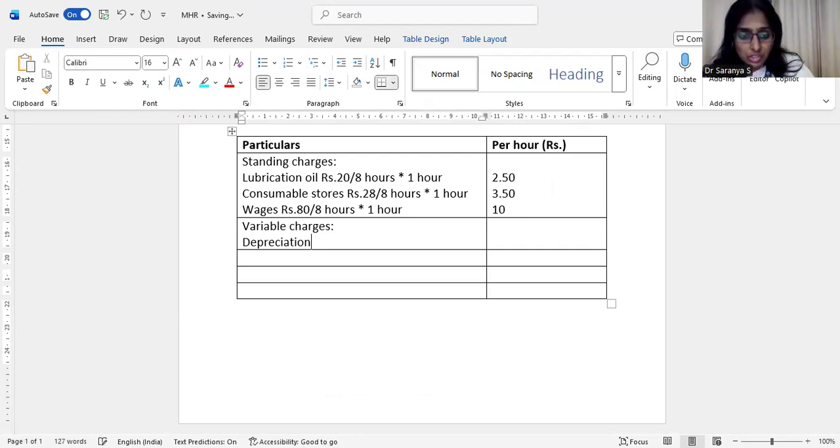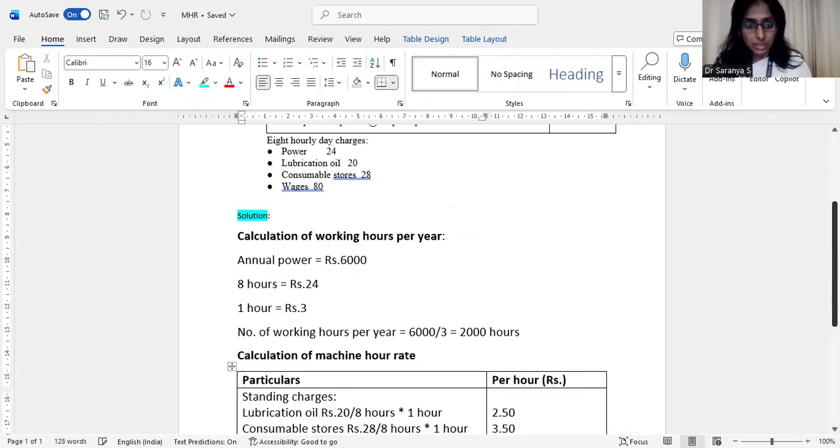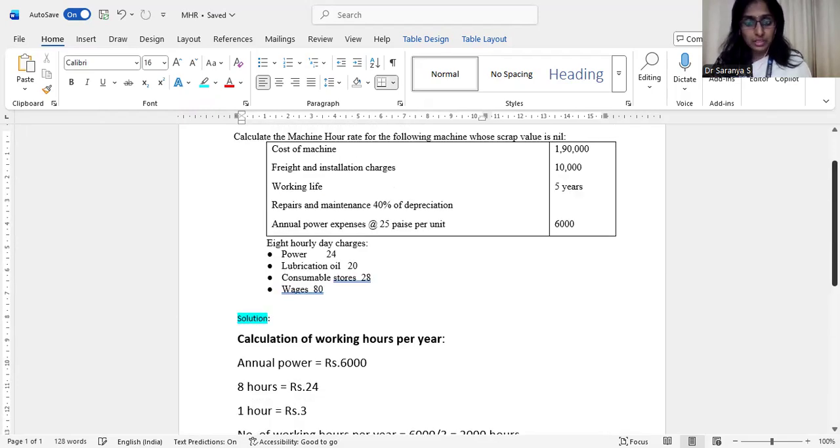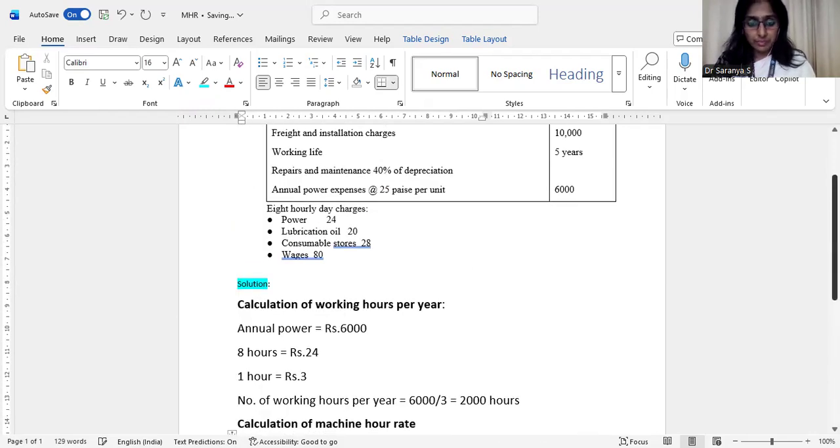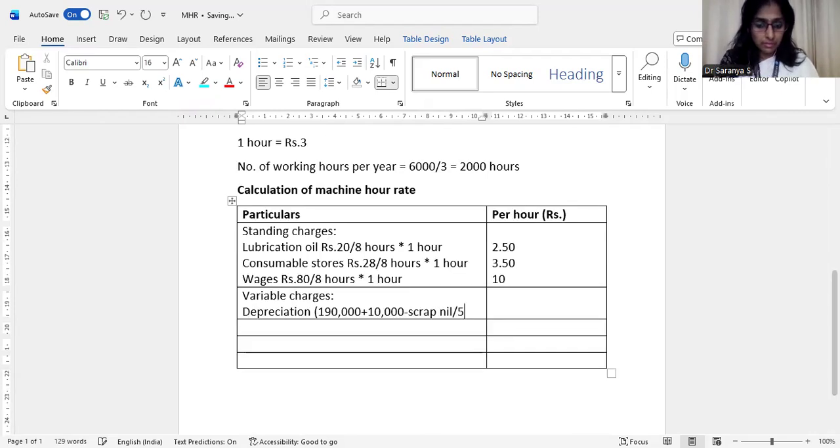Okay, so for depreciation, we will be applying the depreciation formula: cost of the asset plus installation minus scrap value, divided by estimated life. Here the cost of the asset, which means the machinery, is given as 1,90,000 plus installation 10,000, minus scrap, which is nil, divided by the working life given in the question, which is 5 years.